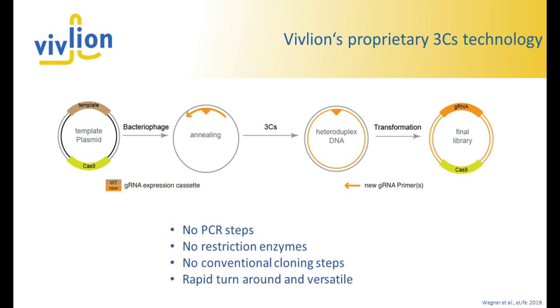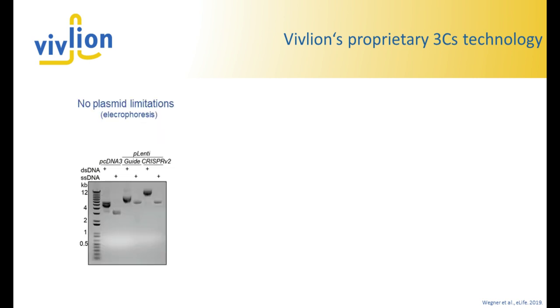So does this really work? It's shown on the next slide. First, we tested whether we can use previously published CRISPR-Cas plasmids and convert them into single-stranded DNA. This is shown here.